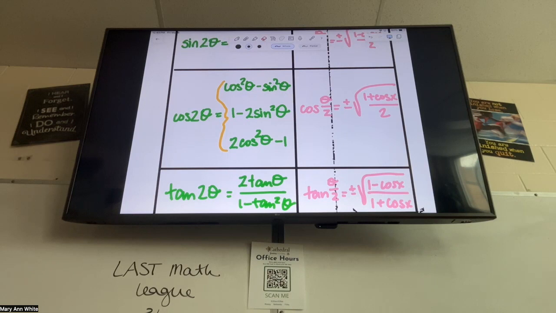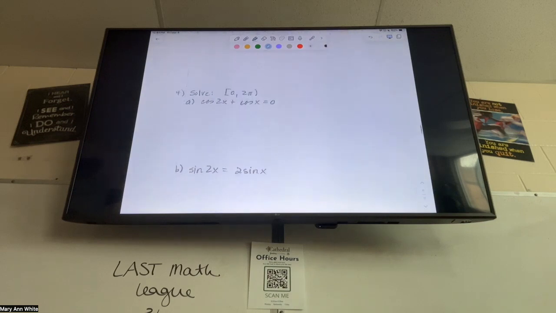Did they give us sine or cosine? They gave us sine. So I would probably do the 1 minus 2 sine squared. If for some reason I messed up and my cosine is wrong, I don't want to use a wrong answer to find a new answer. So I'm going to do 1 minus 2 sine squared theta because I know that's going to be the correct piece that they gave us.